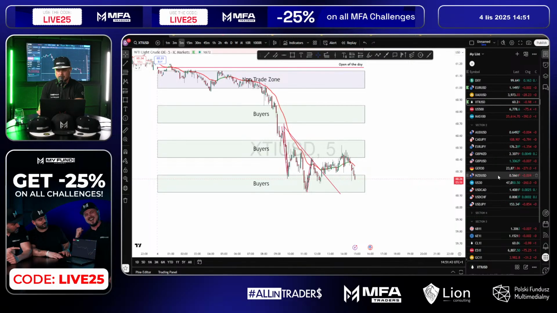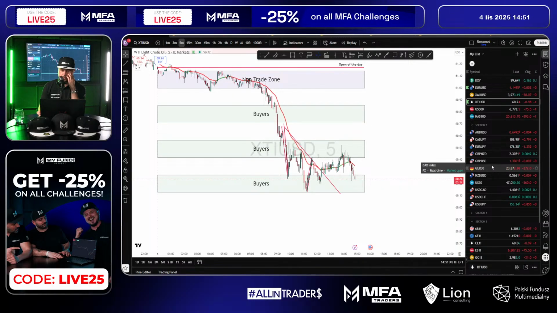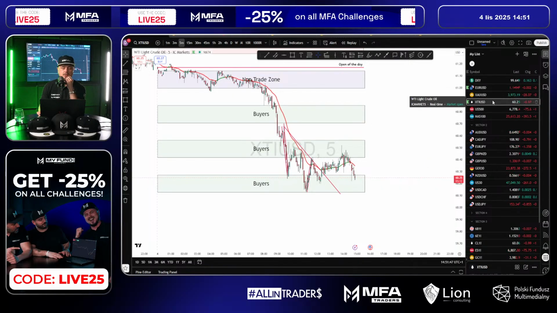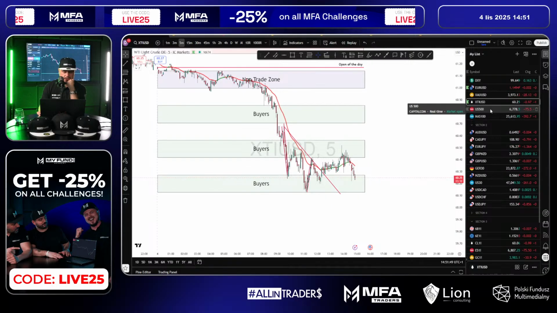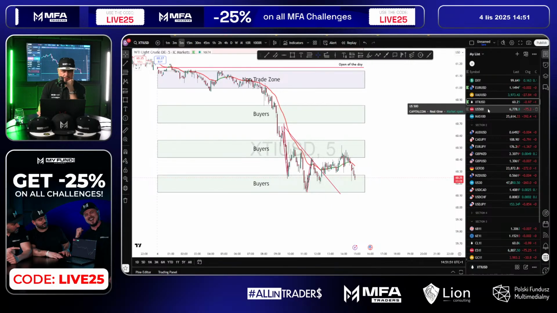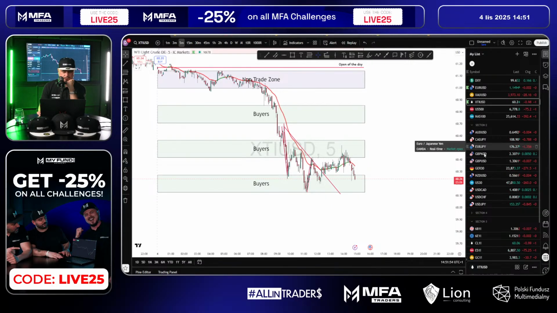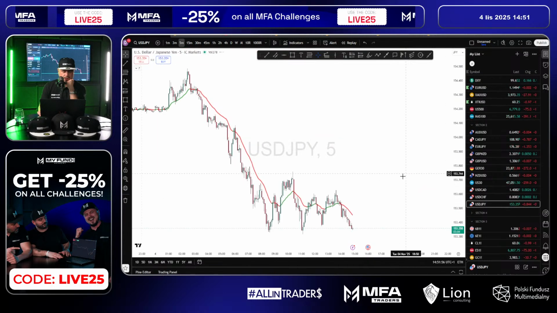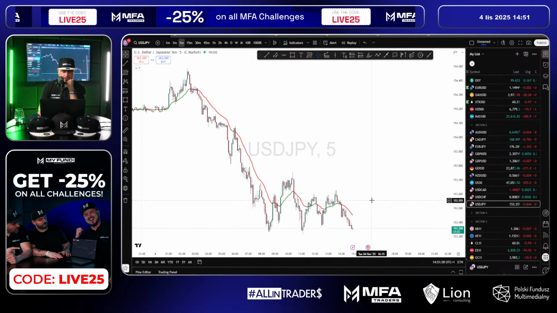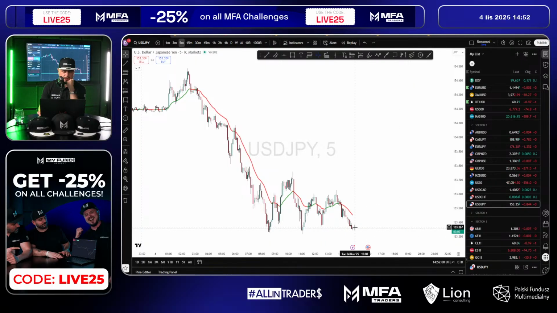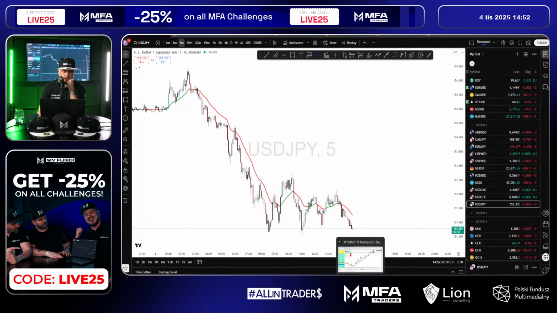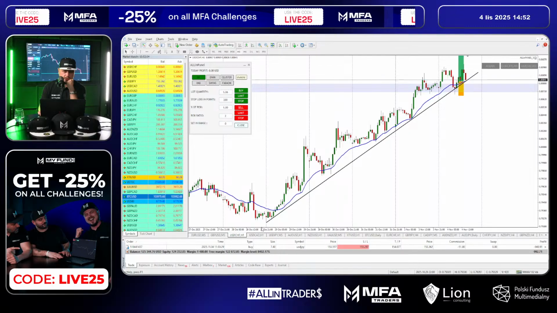Any other asset we can look at? Mostly I focus on Euro USD, gold, crude oil, and S&P 500. We did take USD JPY in the morning, but we are getting close to stop loss, which is okay.